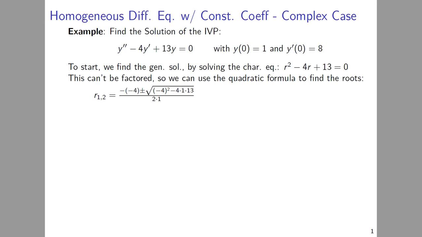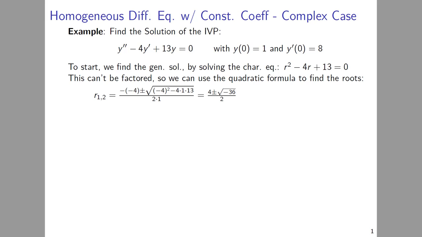Since this can't be factored, we can use the quadratic formula to find the roots. The roots r1 and r2 are negative of negative 4 plus or minus the square root of negative 4 squared minus 4 times 1 times 13, all over 2 times 1, where the discriminant, what's under the square root, reduces to 16 minus 52, which is negative 36.